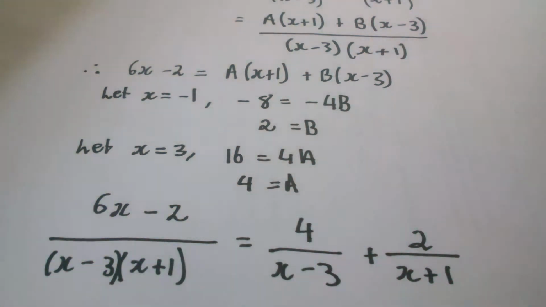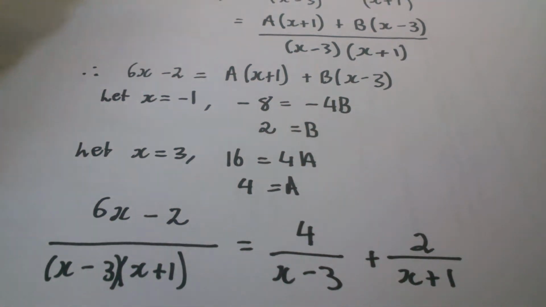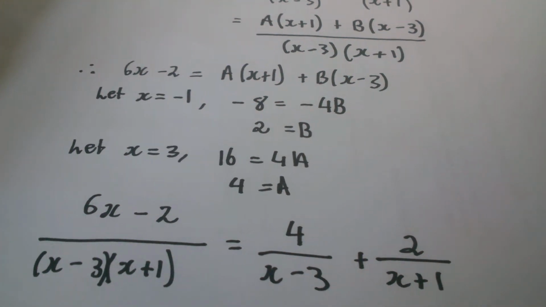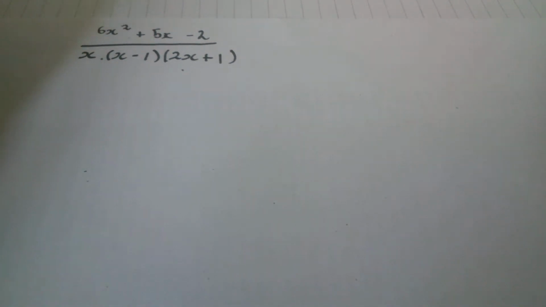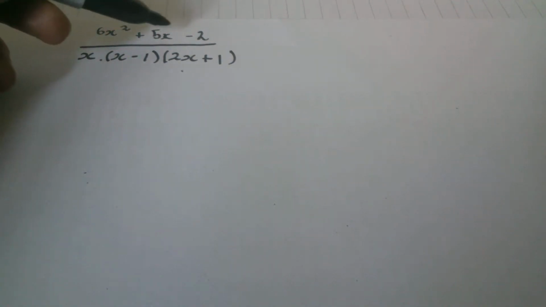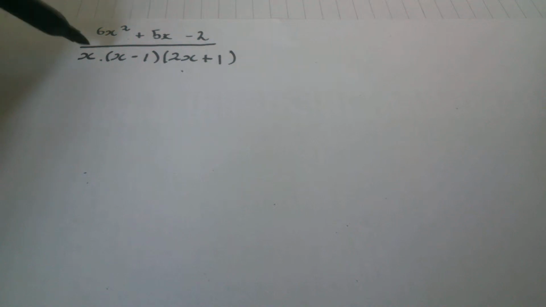You might be asking yourself, what happens, for example, if the denominator isn't composed of two multiples but 3 multiples? So for that I've set up another problem over here. 6x squared plus 5x minus 2 all divided by x times (x minus 1) times (2x plus 1).